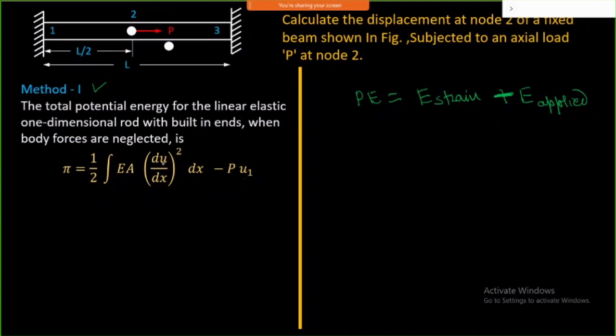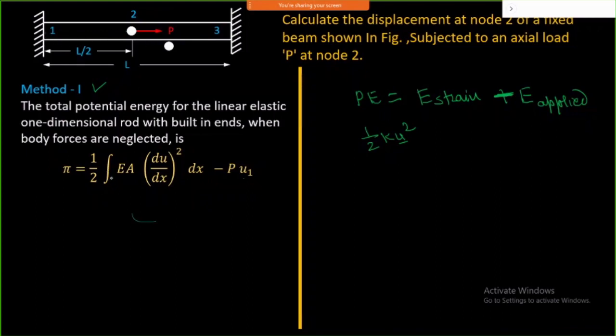And the potential energy is whatever strain energy is stored in this. Strain energy is determined by a simple half K U square, where U is the displacement. But here we are taking an integral because the displacement from this point to this point is changing.